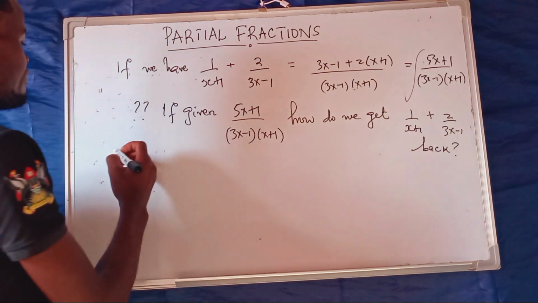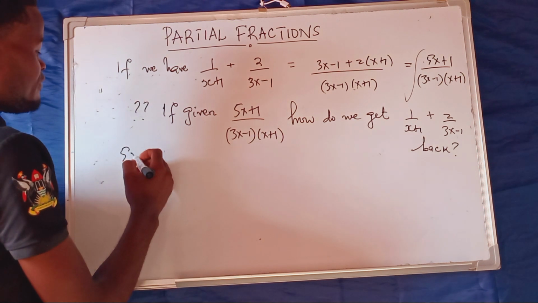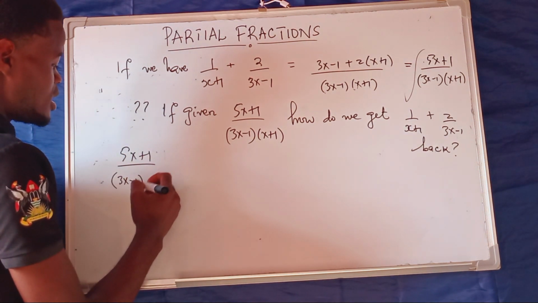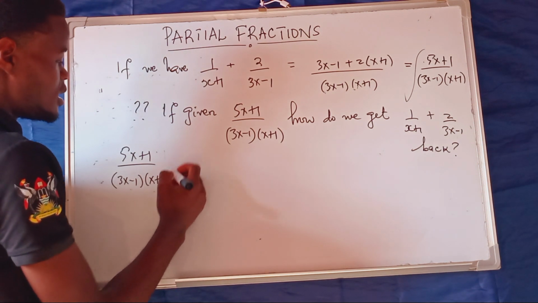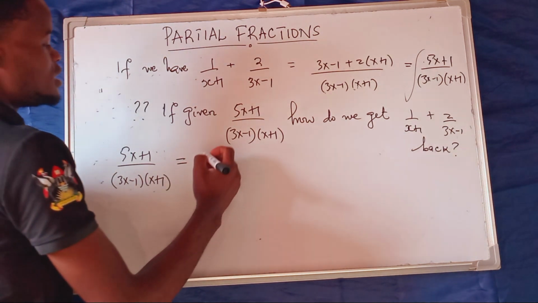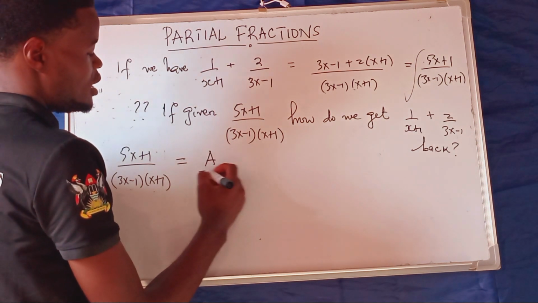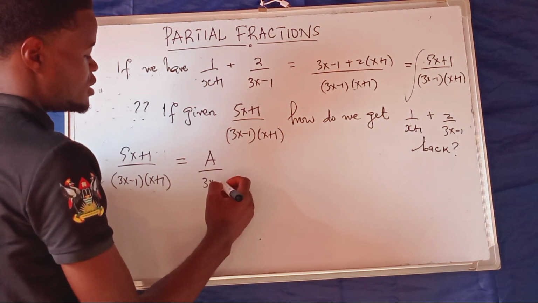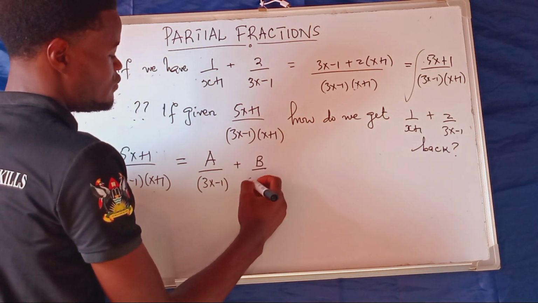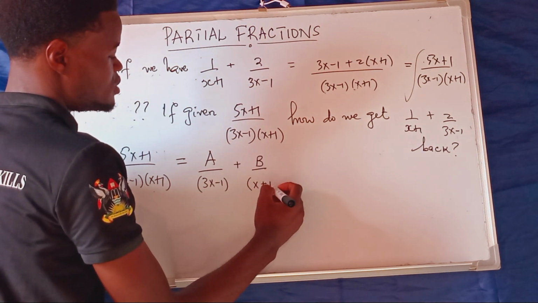So if I have 5x plus 1 over 3x minus 1, then x plus 1, I will say this is equal to a over 3x minus 1, plus b over x plus 1.